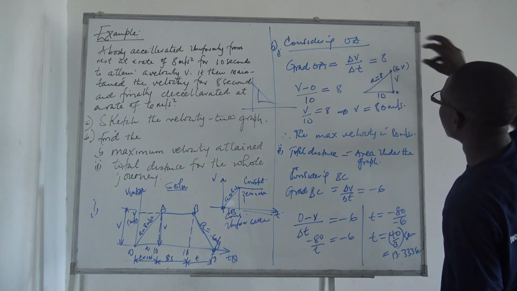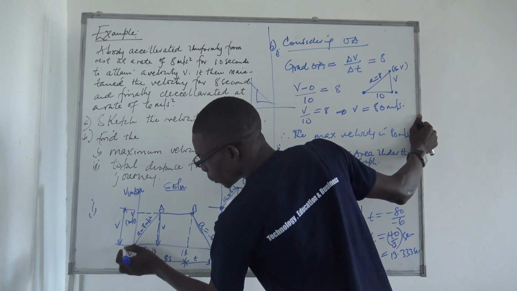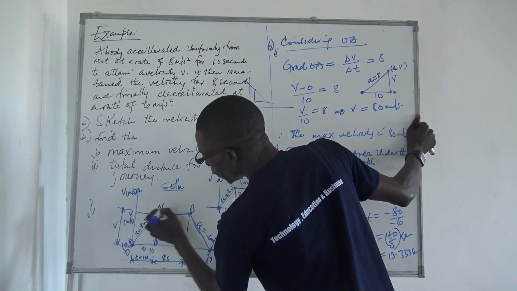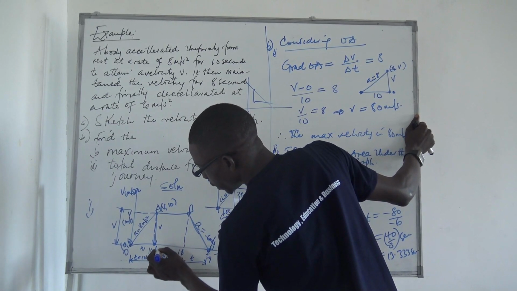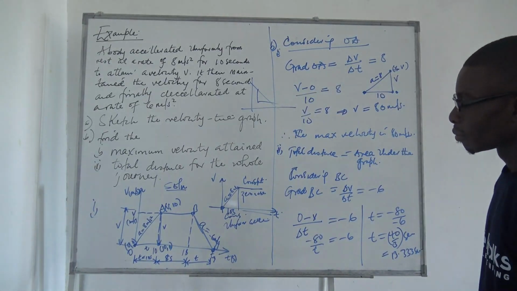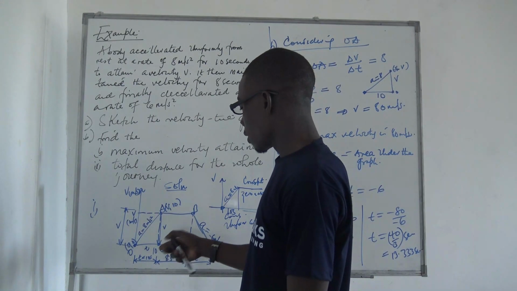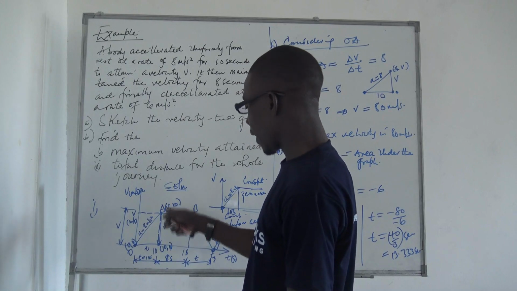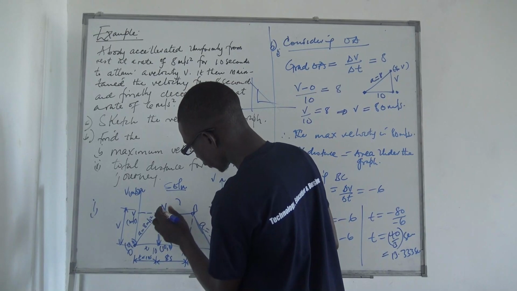Clear? It is V out of 10 because in terms of coordinates, this point here is the origin, 0, 0. This coordinate here is 10 with V. And this coordinate here is 10 with 0. So I would say it is now changing this over changing that. But what is the change here?